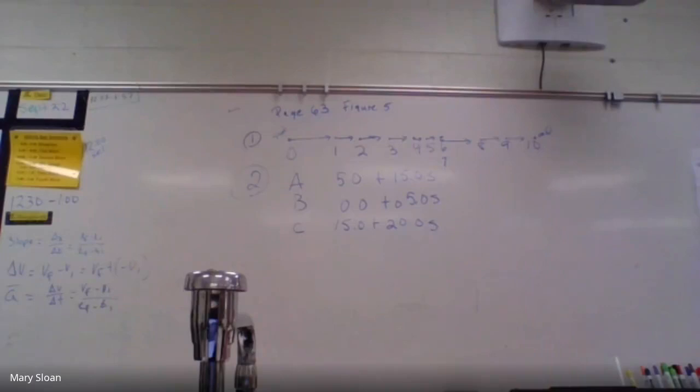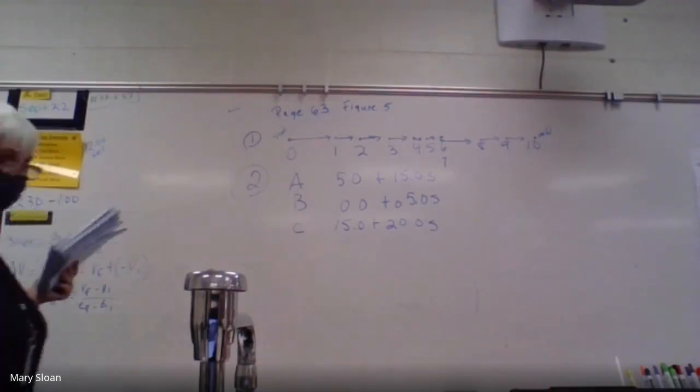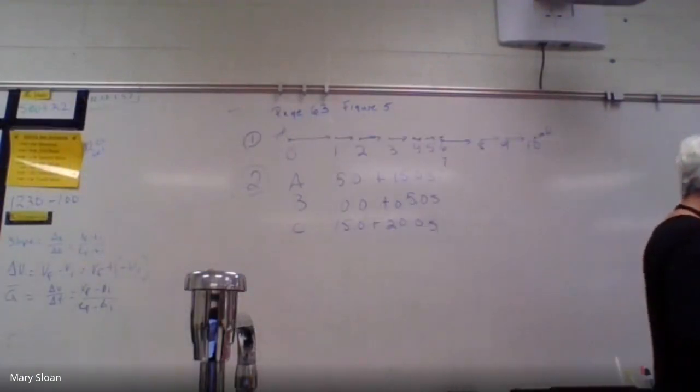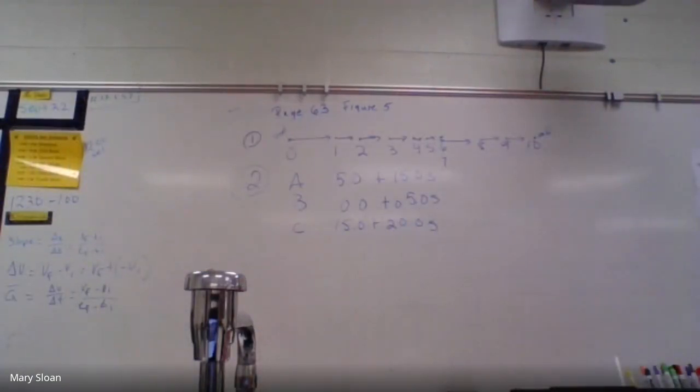It is asking us to find the average acceleration of that graph, right? So for number 3, refer to figure 9 and find the average acceleration of the train during the following intervals. A, from 0 to 5.0 seconds.